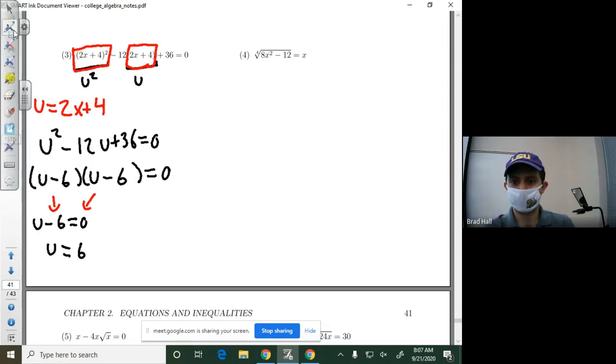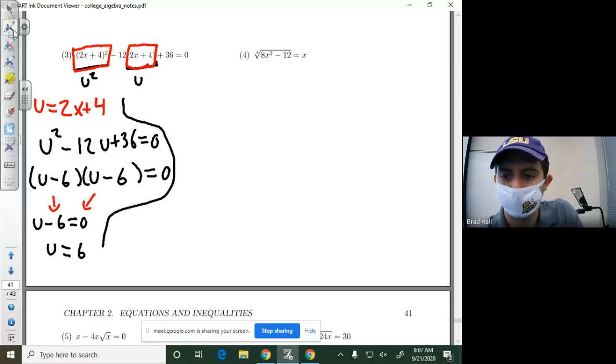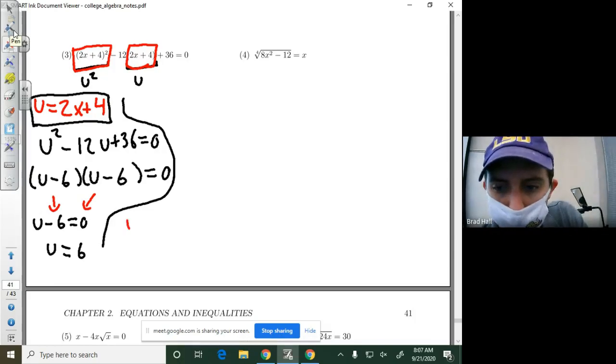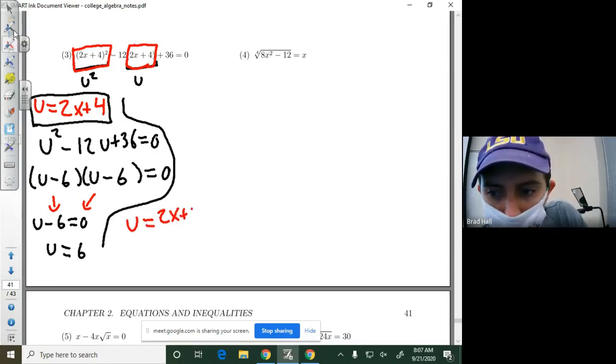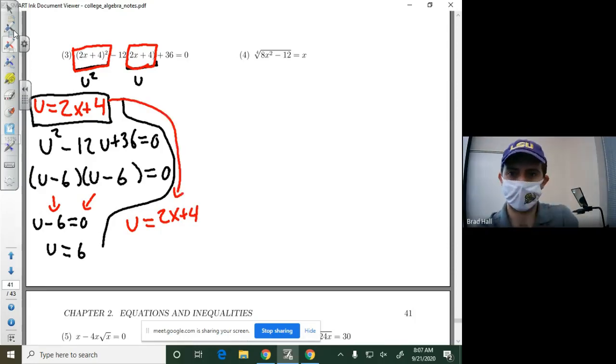But we're not done, because whenever we use U substitution, we're using this dummy variable of U, but we need to conclude with x's. If we don't have an x, then we're not done with the problem. From here, we need to bring back our rule, and we can plug in U is equal to 6 into this rule.